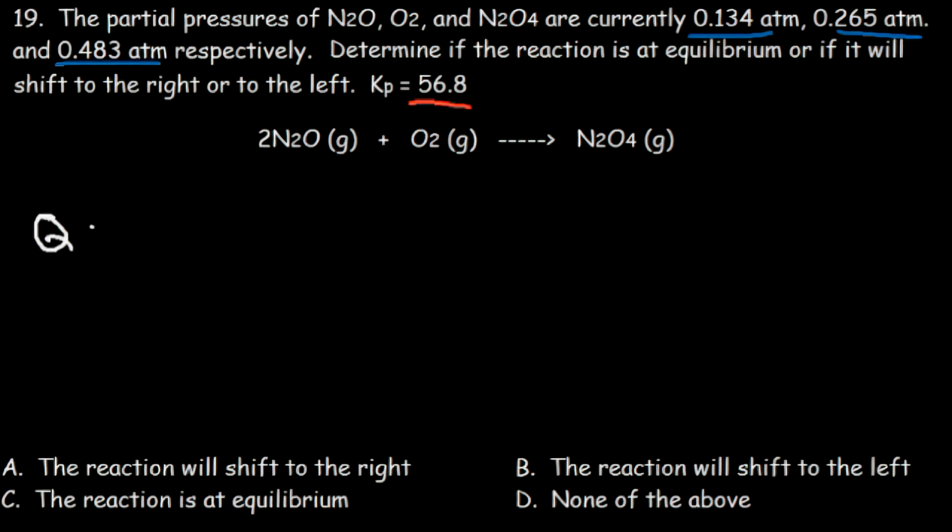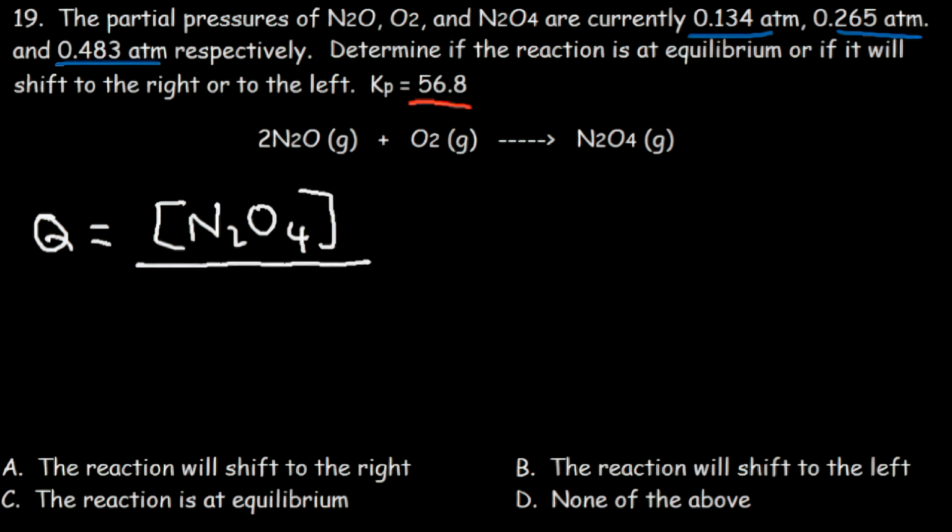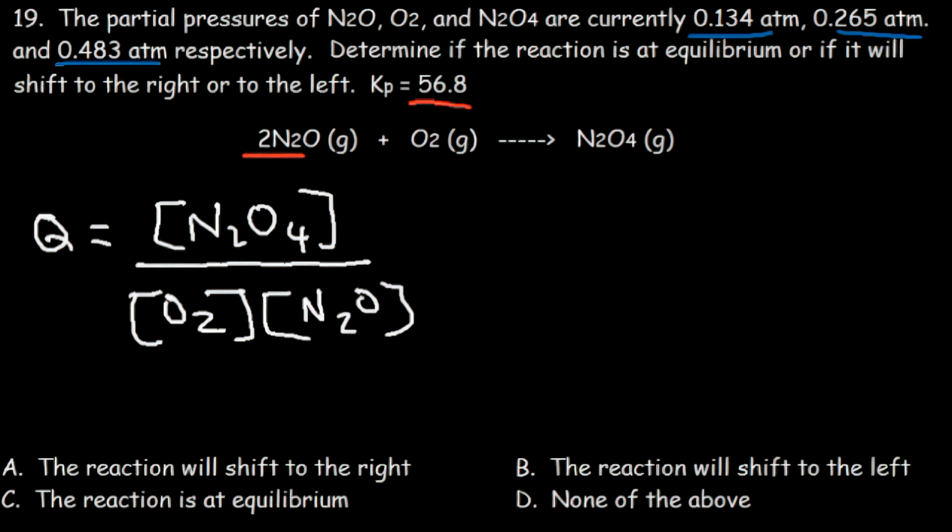So Q, just like K, is going to be products over reactants, and the reaction is already balanced. So the only product that we have is N2O4, and it has a coefficient of 1, so it's raised to the first power. O2 has a coefficient of 1, but it's on the reactant side, so we're going to put it in the bottom. N2O has a coefficient of 2, so for this species, it's going to be squared.